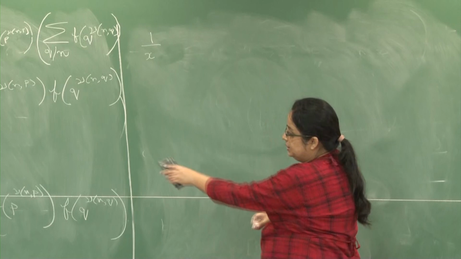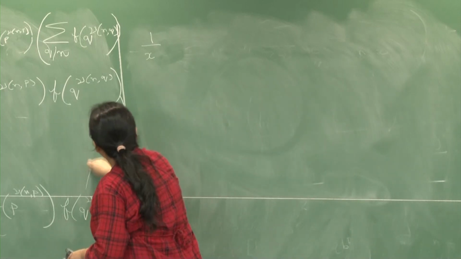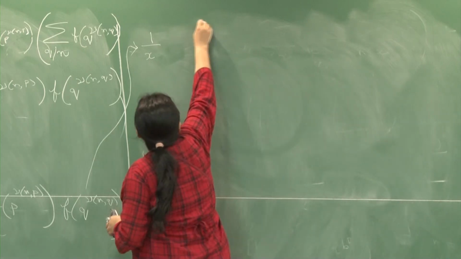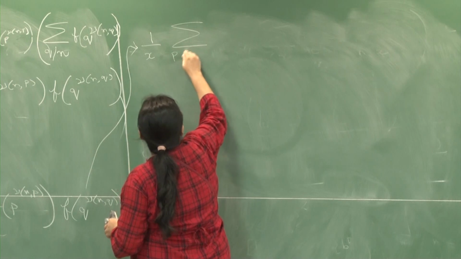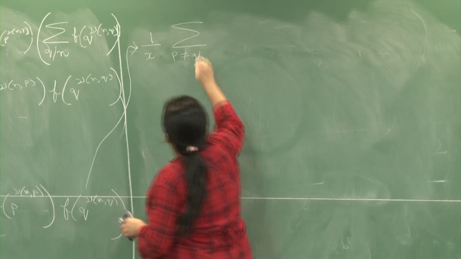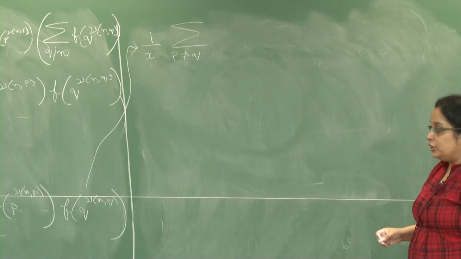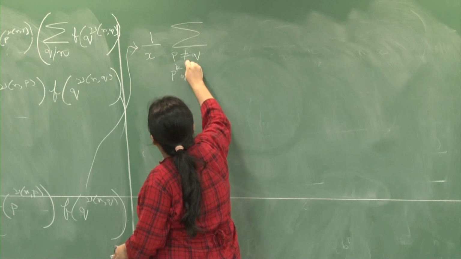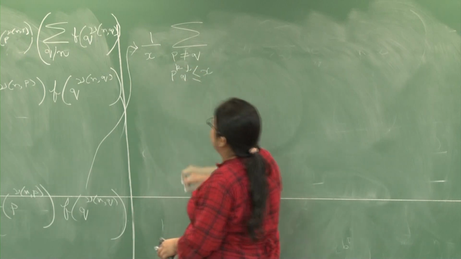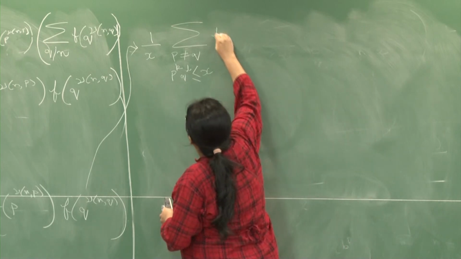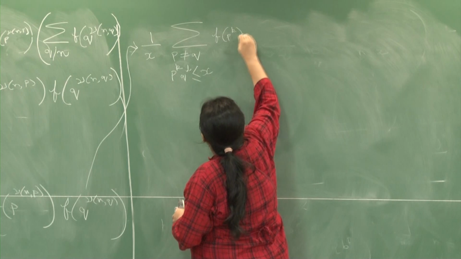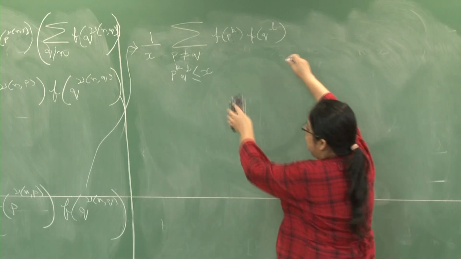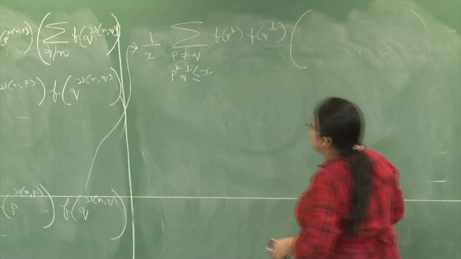So now for the second term, this part is just all possible pairs of primes which are not equal to each other, such that p to the k times q to the l is less than or equal to x, f of p to the k times f of q raised to the l, okay, times what is the inner sum?